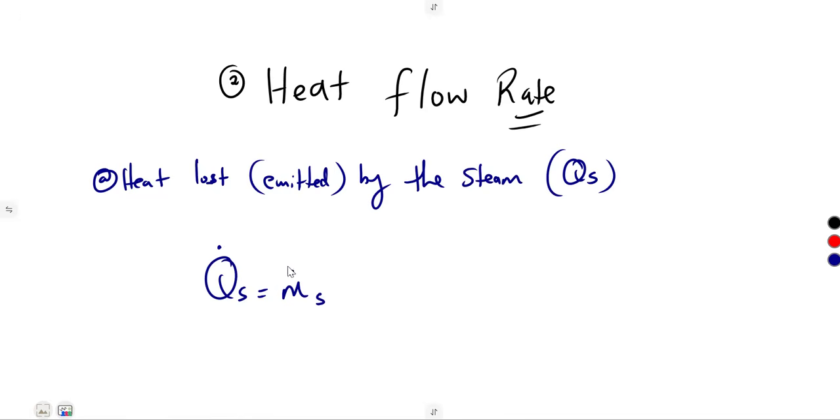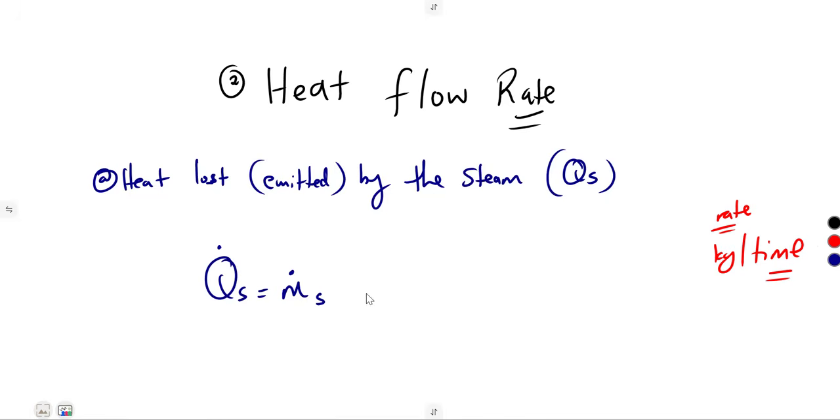So in your textbook, they can just leave it as QS. It's fine. Do not worry about that. But this is supposed to be the mass rate, kilograms per unit time. Per second, per minute, per hour, as long as it is per unit time.